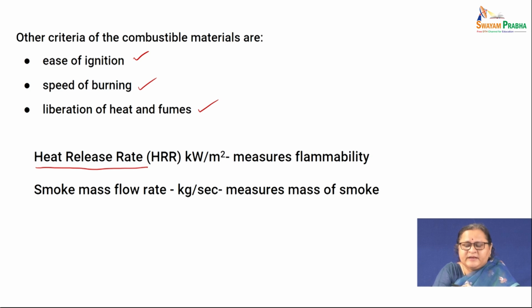We call a material flammable or inflammable. Then smoke mass flow rate, in kg per second, measures the mass of smoke that is liberated, how much smoke is being liberated from the material.